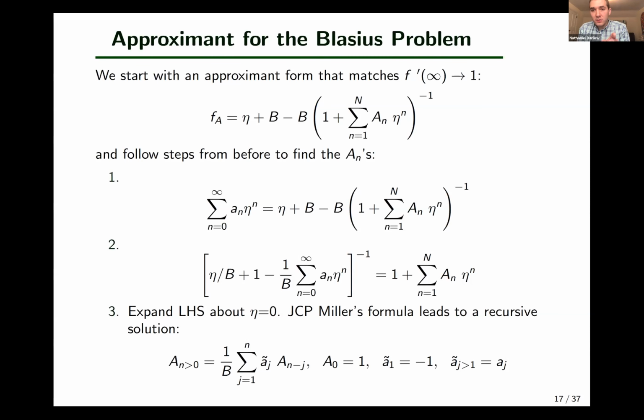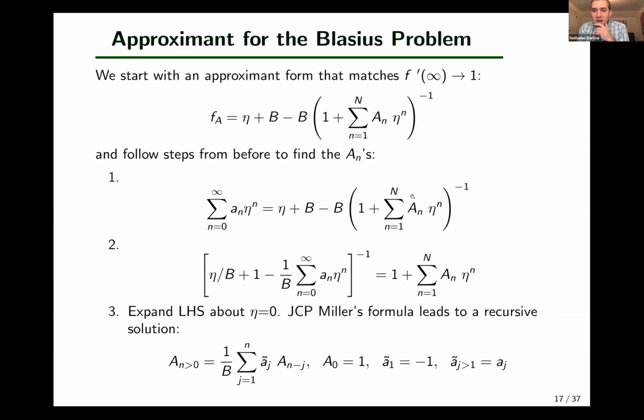This is sort of the same thing that I showed before, but I'm just going to talk about this slide a little bit, because I think it answers your question, Max, about those GN coefficients from before. We choose a form that goes to 1 as the independent variable goes to infinity, where the independent variable here is eta. And we do the same thing that we did for the light bending problem. We replace f sub a with a series going from this 0th step to step 1.